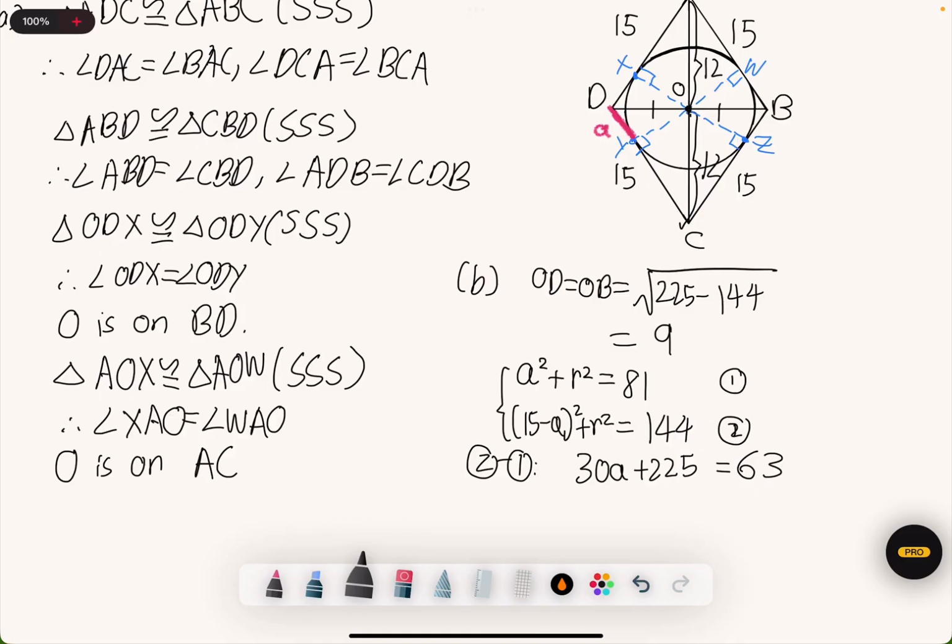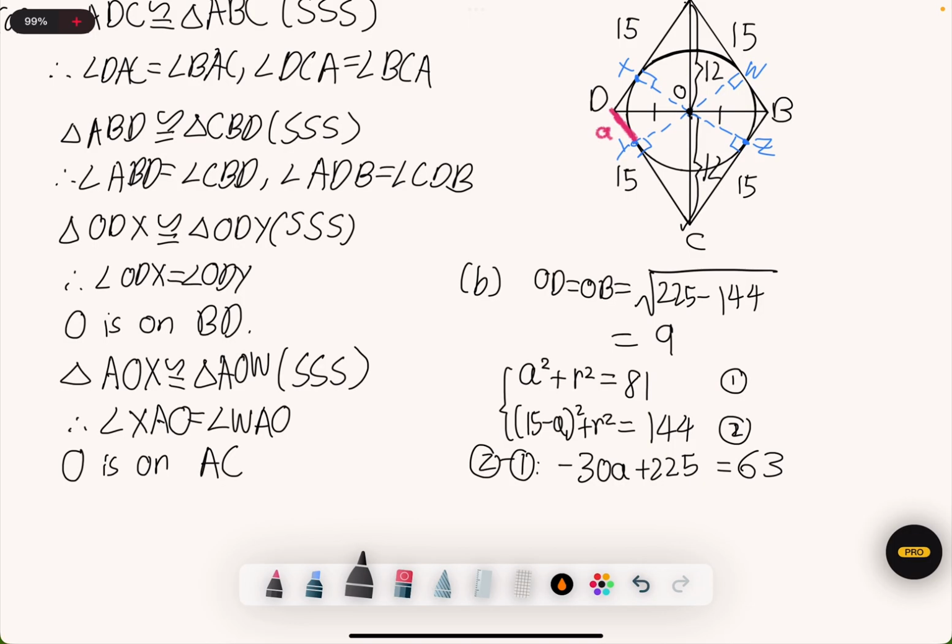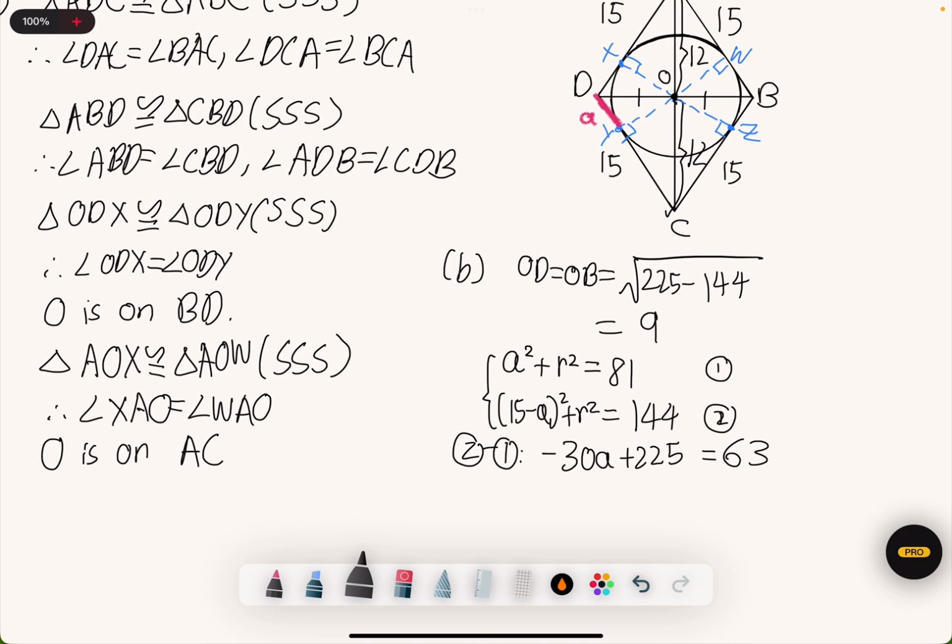Wait, no, something's wrong. Oh yeah, negative 30A plus 225 is 63.